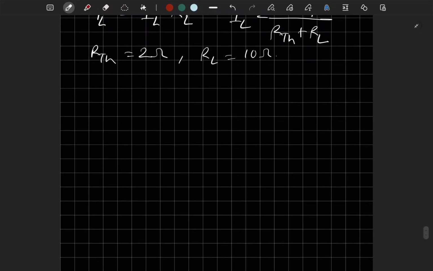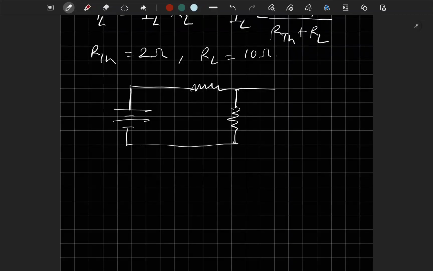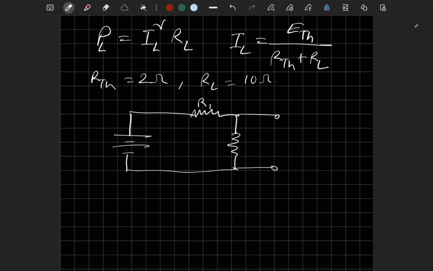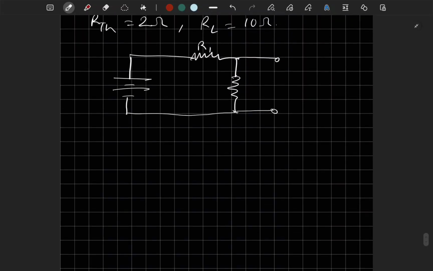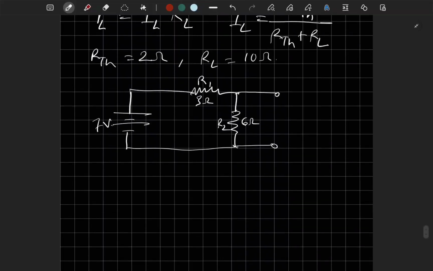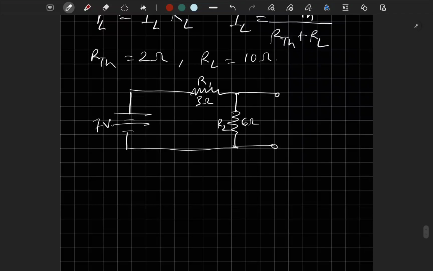Then we take the circuit as it is with the sources, and then the resistors, the open load terminals. So here we have R1 that's 3 ohms, R2 is 6 ohms, and here we have 7 volts. So ETH is the voltage across the 6 ohm resistor.